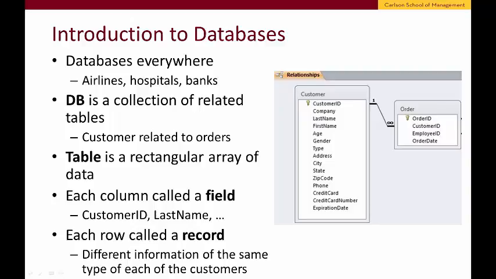So, customer table columns would include things like last name, first name, age, gender, etc., including customer ID, a specialized column or field used to uniquely identify each customer the organization interacts with. Each row, also known as record, is a collection of data of the same type for each of the customers, i.e. the actual customer last name and first name, age, gender, etc.